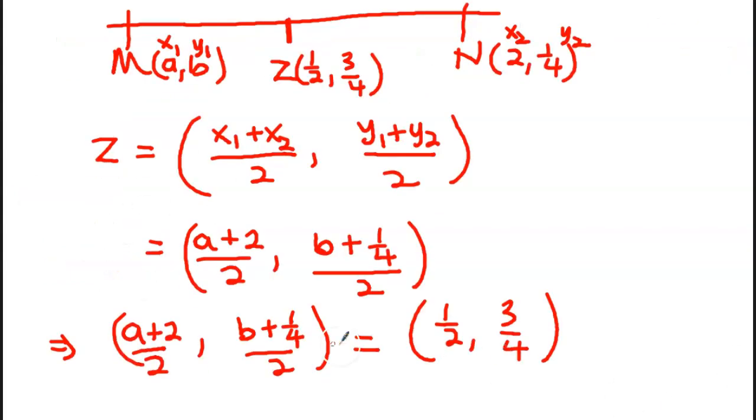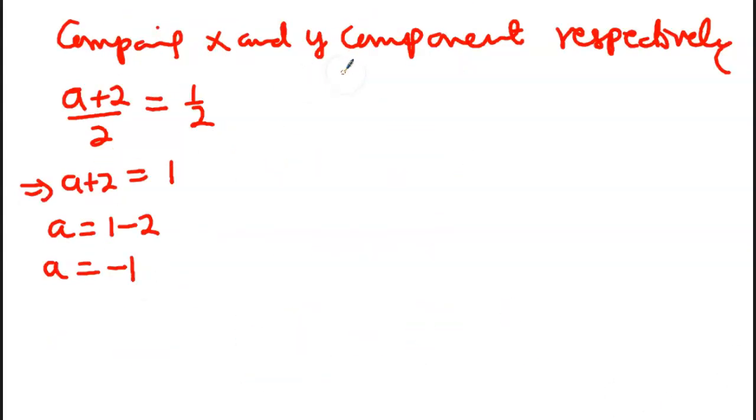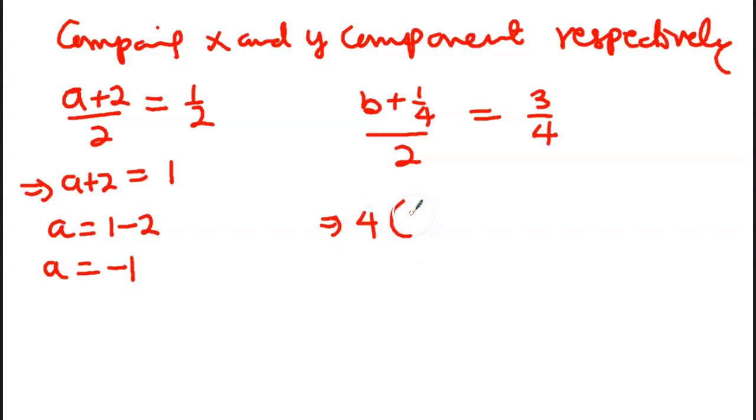And then let's see the Y component. So the Y component will be B plus 1 over 4, over 2, is equal to 3 on 4. Okay, let's cross multiply. Which means that 4 times B plus 1 over 4 is equal to 2 times 3.